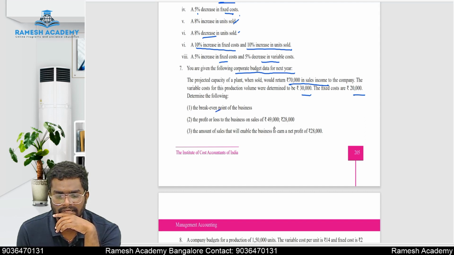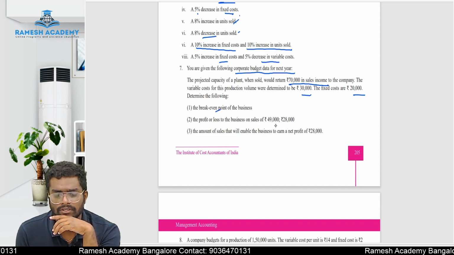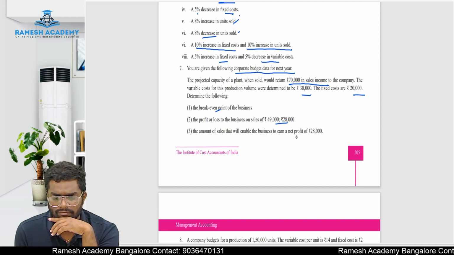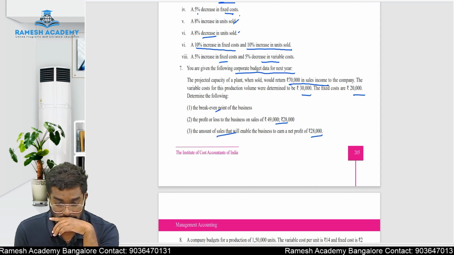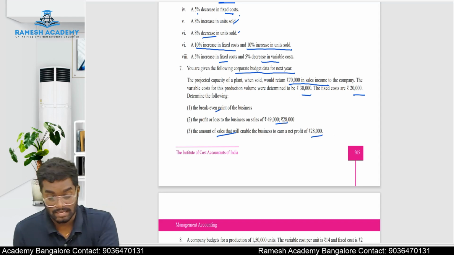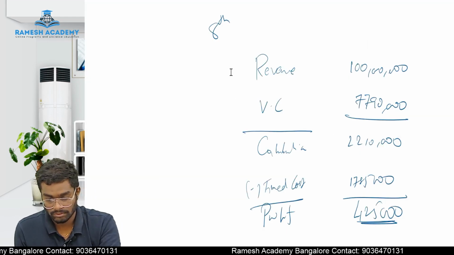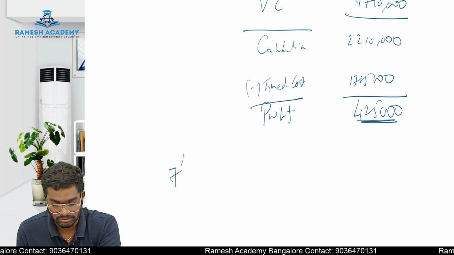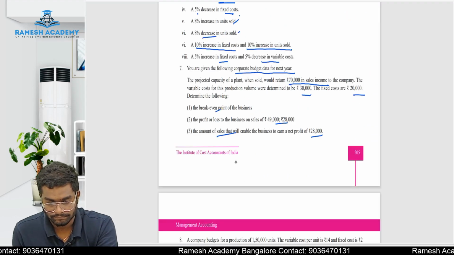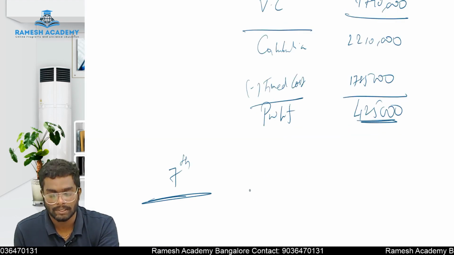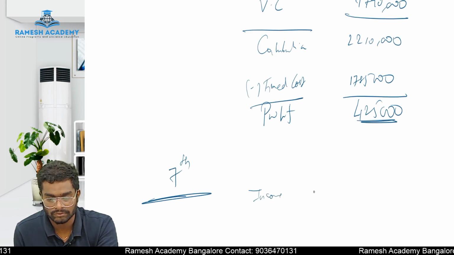So we have to find the break-even point, the profit or loss on sales, and the desired sales to earn a net profit. So simple as usual, our routine questions on marginal costing. First we will prepare an income statement to find out the PV ratio and all those things.